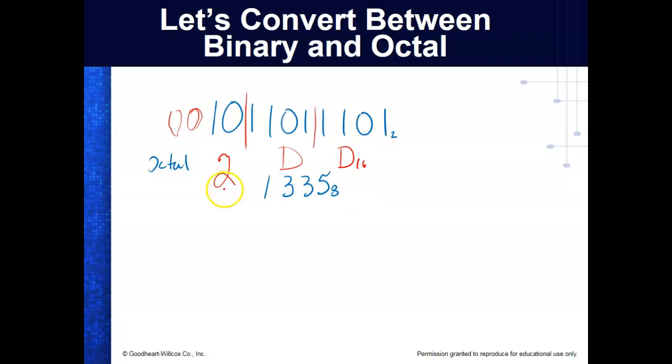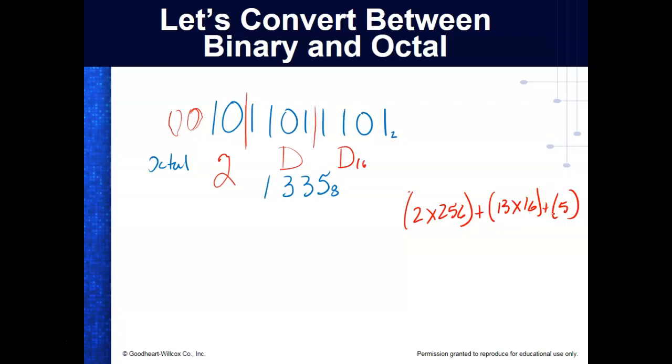So this would be 16 to the 0, 16 to the first, 16 to the second. So this would be 2 times 16 squared. What's that? 256, right? And then this would be 13 times 16 plus 5.